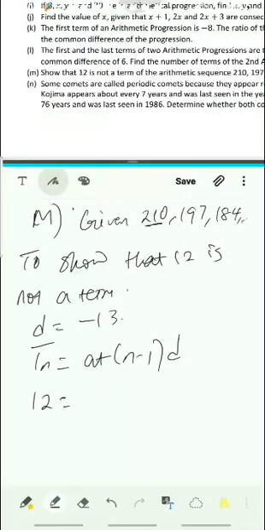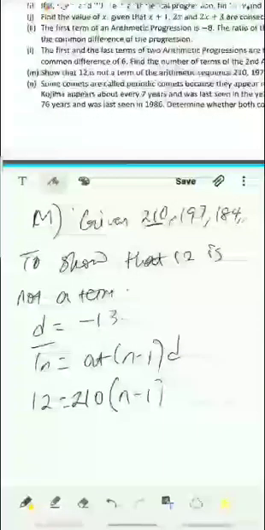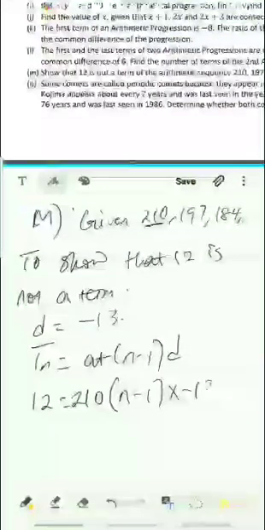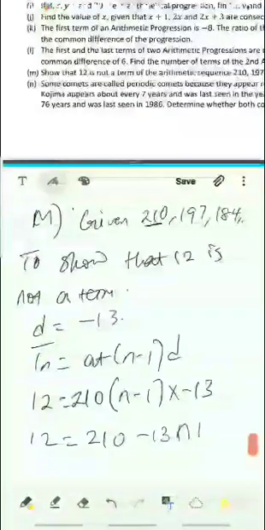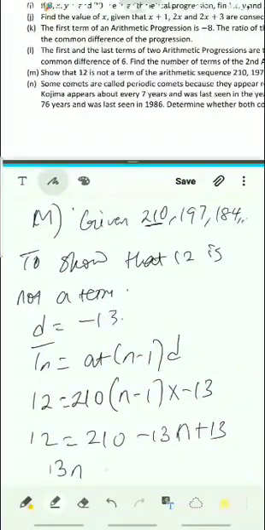What is A? A is 210. Open bracket, n minus 1 times negative 13. So 12 equals 210 minus 13n plus 13. So 13n is equal to 211.